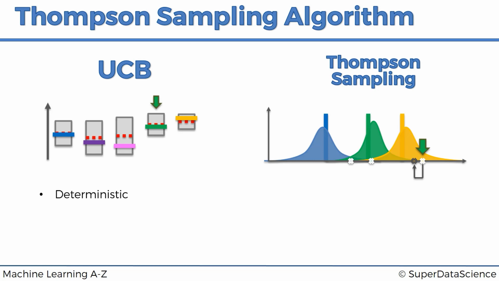all deterministic. And basically, what that means is that it is very straightforward. Once you are at a certain round, it's very straightforward what's going to happen. You just look at the upper confidence bound, and whichever one has the highest, that's the one you pick. You pull the lever, yes.